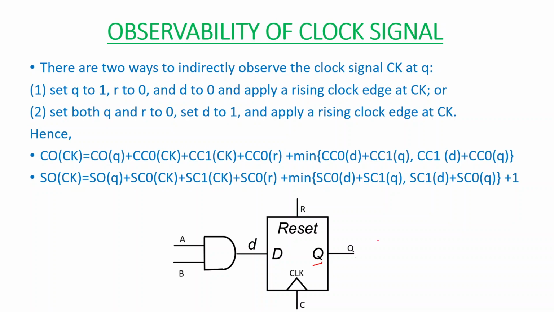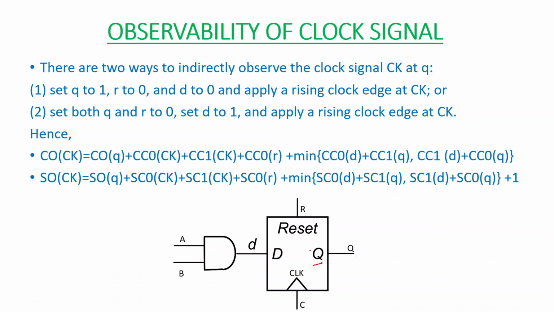Initially Q will be 1, reset will be 0, and we apply the D input as 0. So when we have a positive clock edge, Q will change from 1 to 0. That is the first method. Initially Q is equal to 1, D equal to 0, and reset equal to 0. Then apply a clock edge. If the clock edge comes, this D value 0 will be propagated to the Q output.